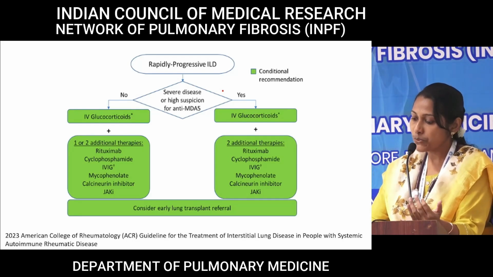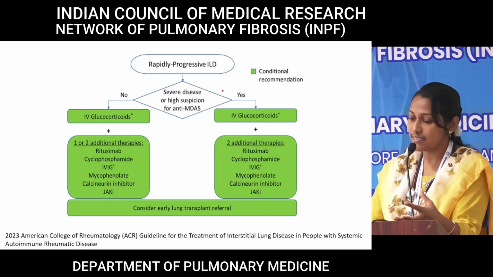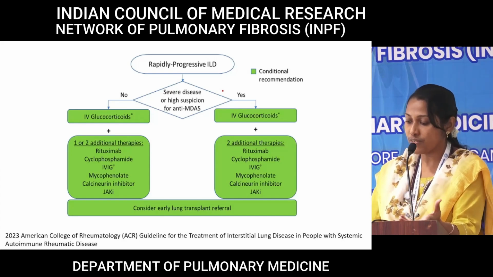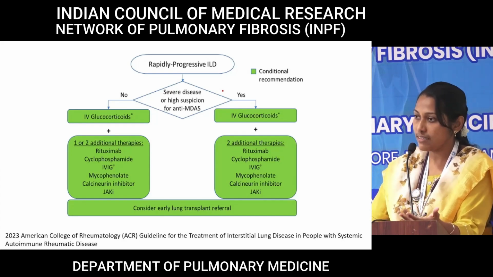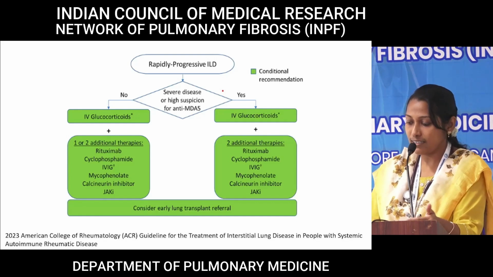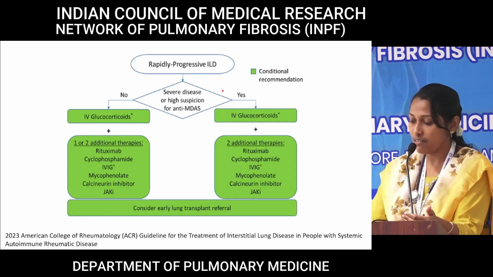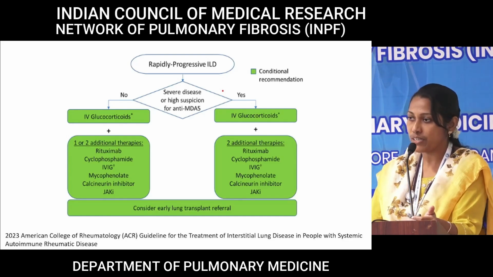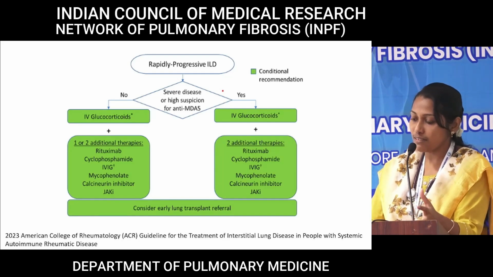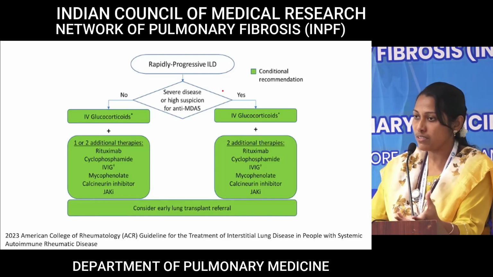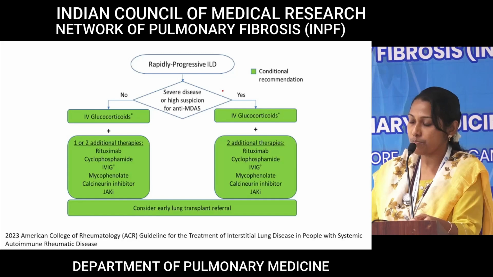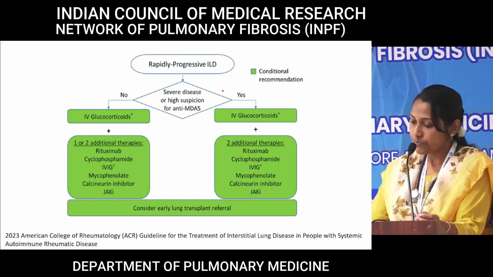If there is severe disease, they suggest upfront 2 additional therapies along with steroids: 2 of either rituximab or cyclophosphamide, or, if infection is suspected, IVIG, and mycophenolate, and other lower-line drugs like calcineurin inhibitors and JAK inhibitors. These are suggested together to combat both the T cell and B cell immune-mediated response in this group.